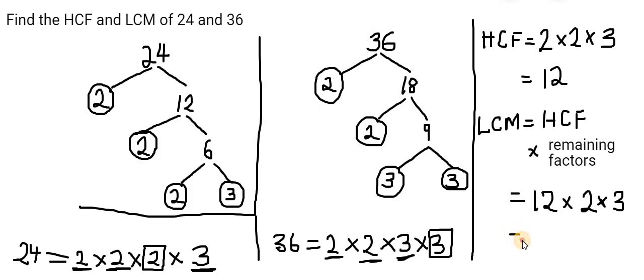So that's 12 times 2, that's 24, times 3, that is 72. So the HCF of 24 and 36 is 12, and the LCM is 72. Once again, the LCM is bigger than the HCF. Okay?